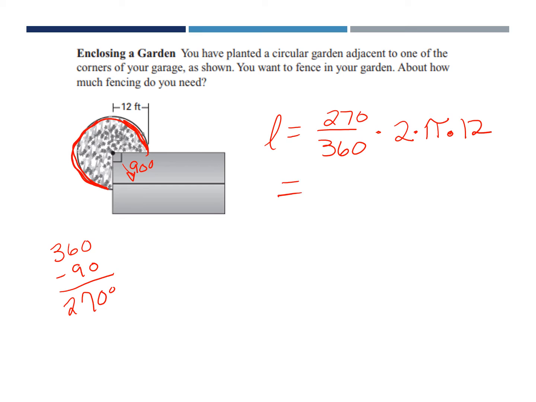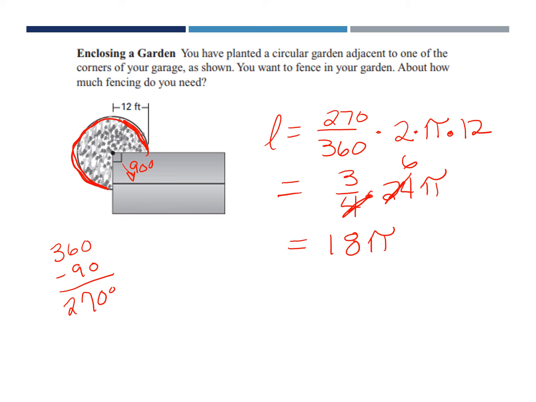So if I reduce 270 over 360, it's going to give me 3/4 times 24 pi. 24 divided by 4 is 6, so I'm going to get 18 pi.